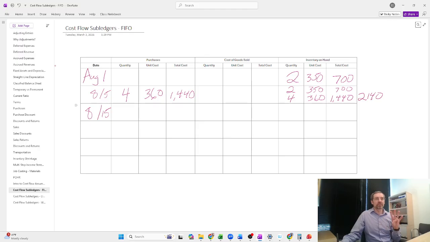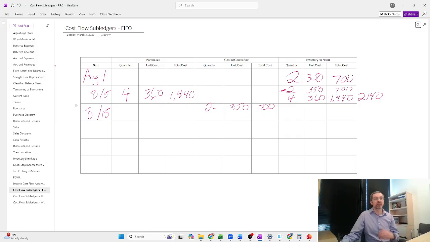We sold 4 units. And if we are using FIFO, which 4 did we sell? If we are using first in, first out, we go to our oldest ones. So we sold those 2 at $350, and that was $700.